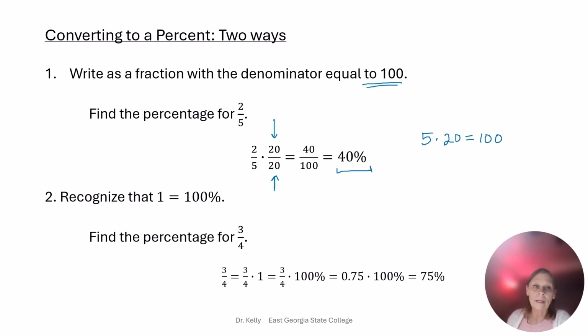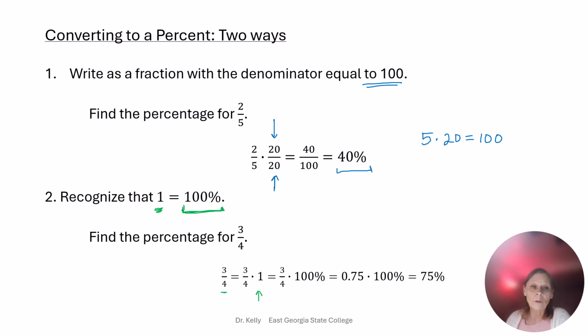Another way to do it, and it's really a clever, kind of tricky way to do it, is to recognize that 1 is actually equal to 100%. And since 1 is equal to 100%, we're going to exploit that idea here. We're going to start off with our 3/4 and multiply it by 1. Remember, multiplying by 1 is the multiplicative identity, so it's not going to change anything.